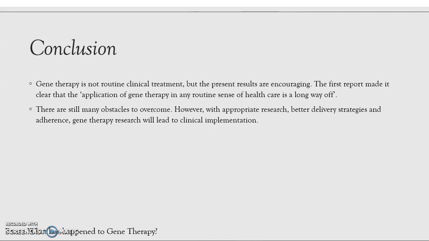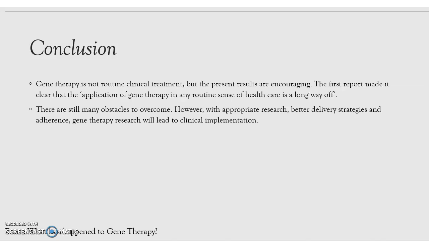So in conclusion, gene therapy is not just something routine. It is very expensive, as we have covered and seen. The first report made it very clear that the application of gene therapy and the routine sense of healthcare is long off, and at first there was no communication. Now with technology, we can explore gene therapy to the best of our abilities.